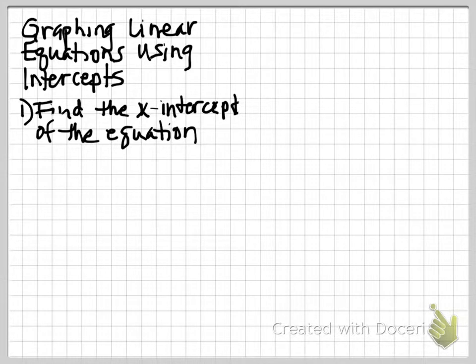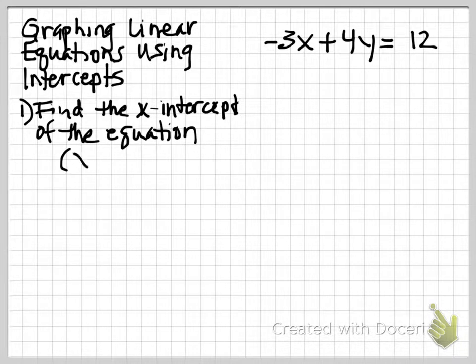So let me give you an equation. Let's make it negative 3x plus 4y equals 12. By the way, these don't all work out pretty, just to let you know. Okay? What did we talk about the x-intercept? What are the coordinates of the x-intercept? So we're going to remember this idea.